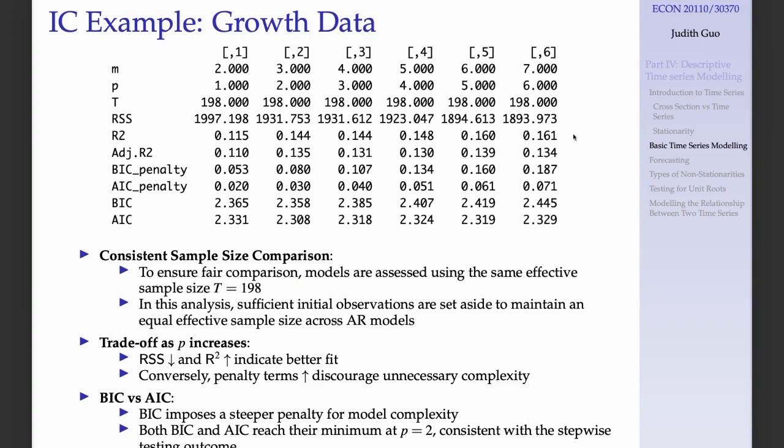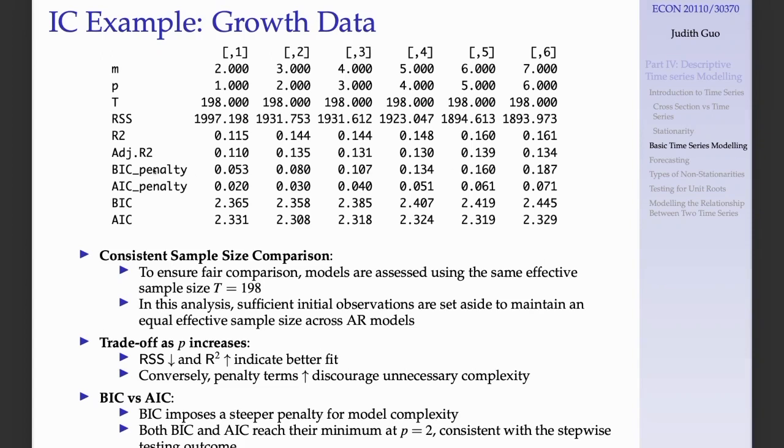And we can also see that the R square is increasing in the number of parameters. That will also mean if we don't penalize the number of parameters and we use R square alone as a model selection method, R square will always choose the largest model. This is the reason why we should never rely on RSS or R square alone to choose a model, because they always favor the largest one, which would risk overfitting and also inflated estimation variance.